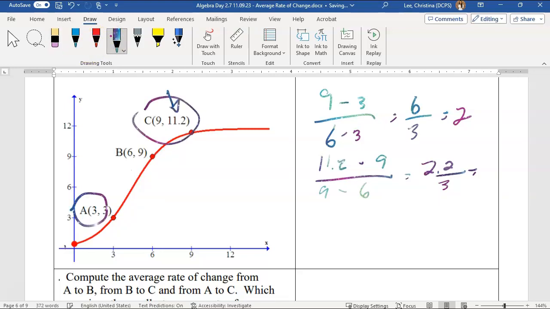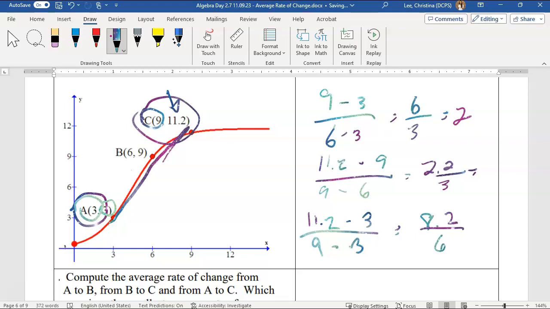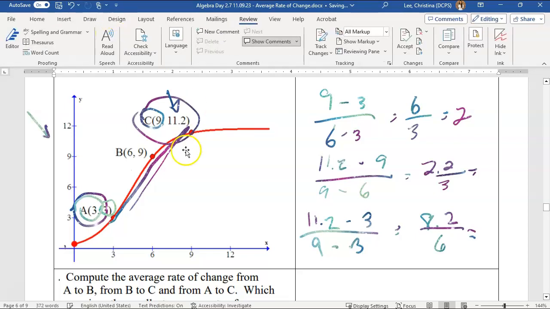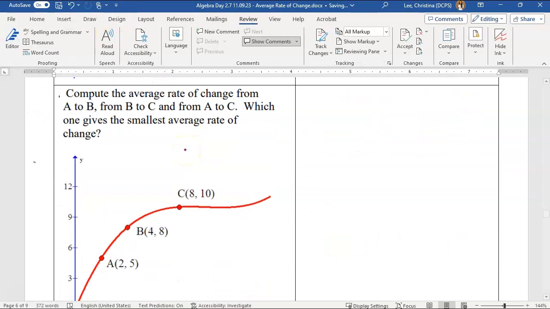So I'm going to start with this one. Remember, we're starting with our last point, 11.2 minus, this time 3. And then our inputs, 9 minus 3 here. You'll get 8.2 over 6. And again, it's still net positive because we're going up here. And so again, you can go ahead and calculate that more exactly. But that's how you're doing this part. So you're going to do the same thing for this one here.